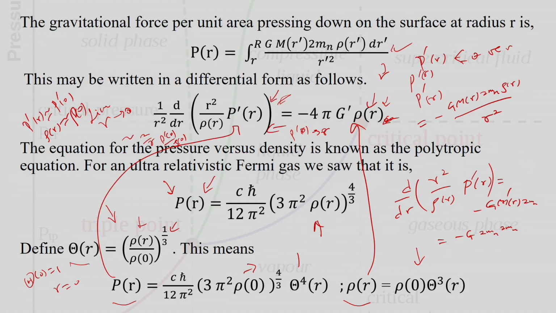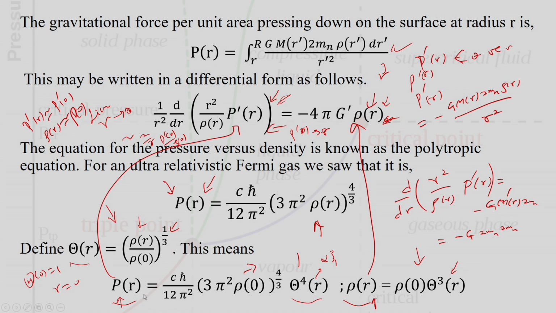Because at that value, if you put alpha xi 1 here, theta is basically going to become 0. That means that at that value of r, when r equals alpha xi 1, the pressure is 0 and the density is also 0. So, theta vanishes.